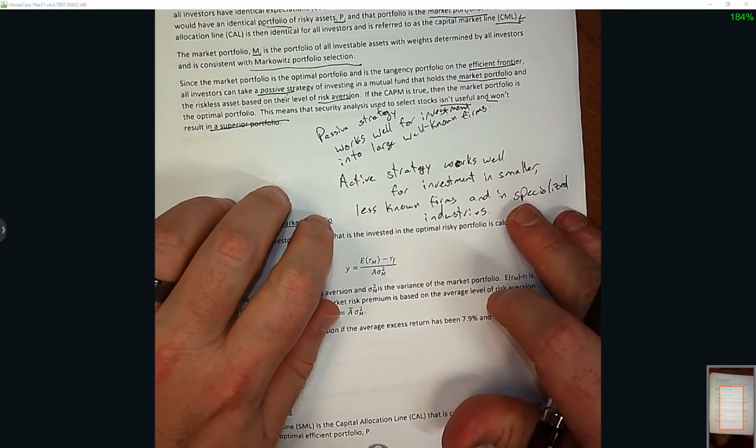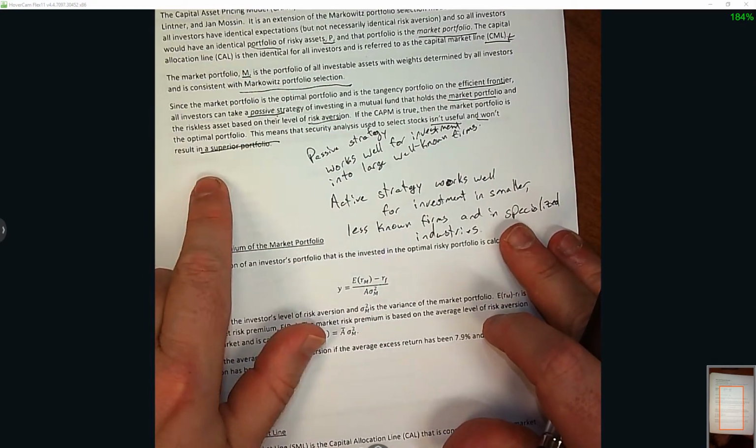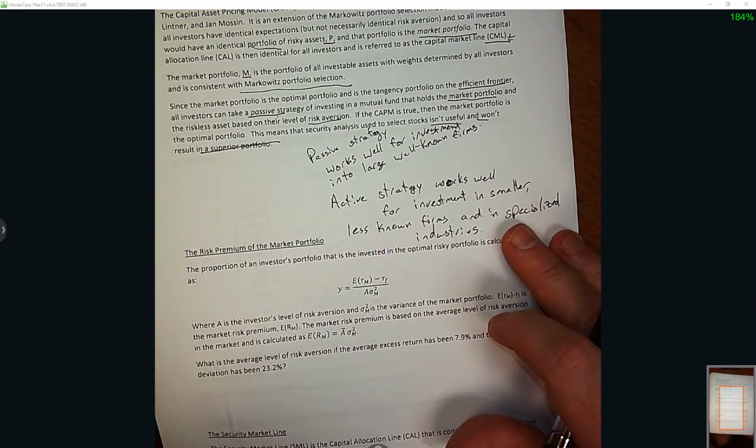And so I'm going to come back to this idea later on, but I wanted to address it up front to give you an idea of what we're going to be talking about.